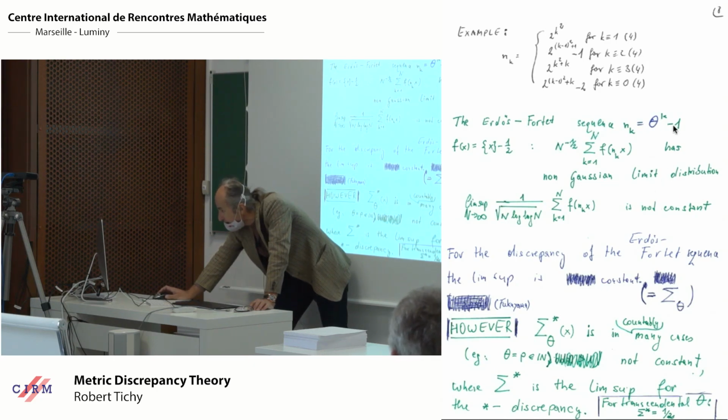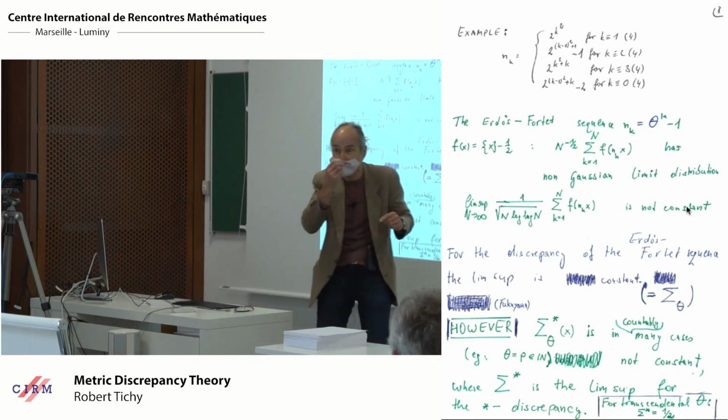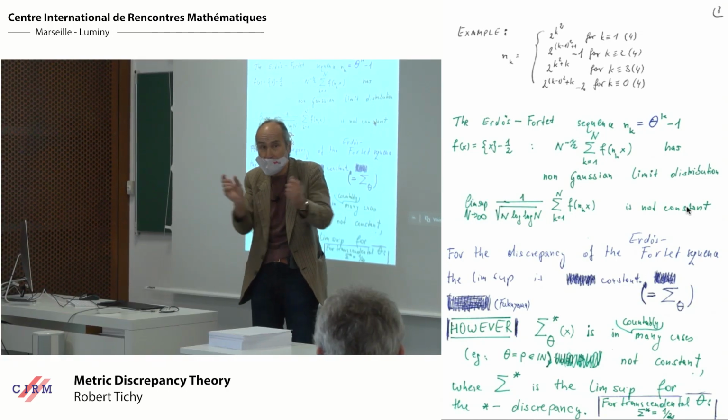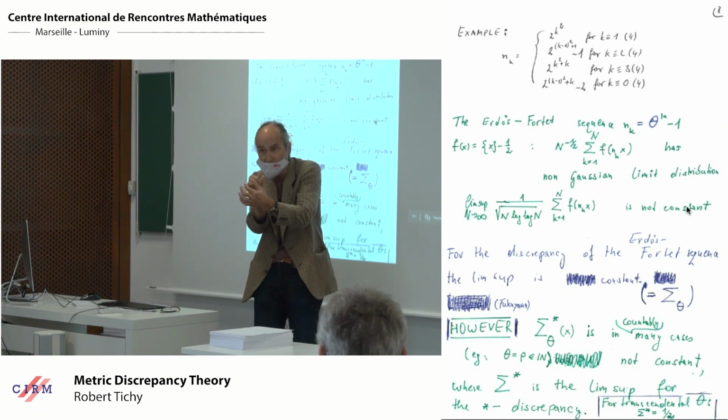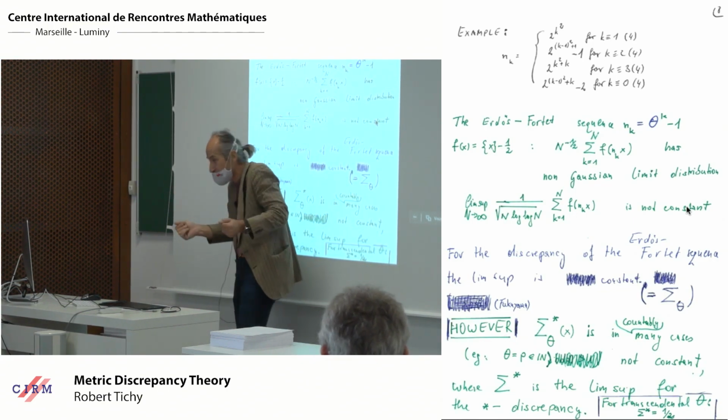So here you don't see the difference of this little arithmetic change. However, if you move to the star discrepancy, remember the star discrepancy was the discrepancy only with respect to intervals anchored in the 0 point, so fixed 0 to x and taking the supremum.